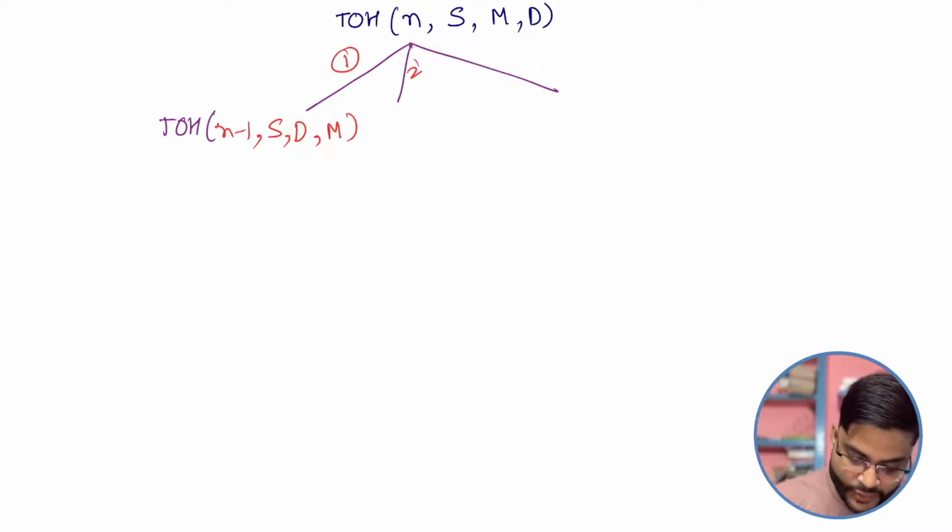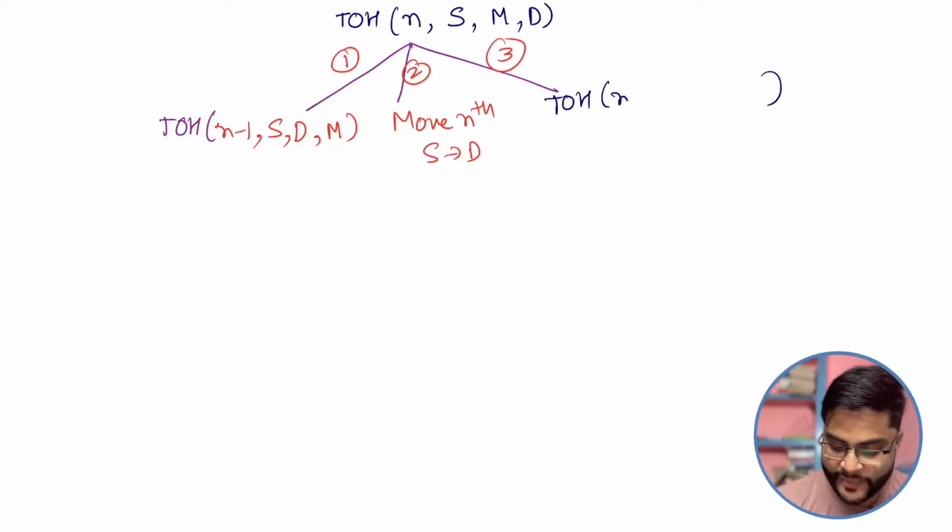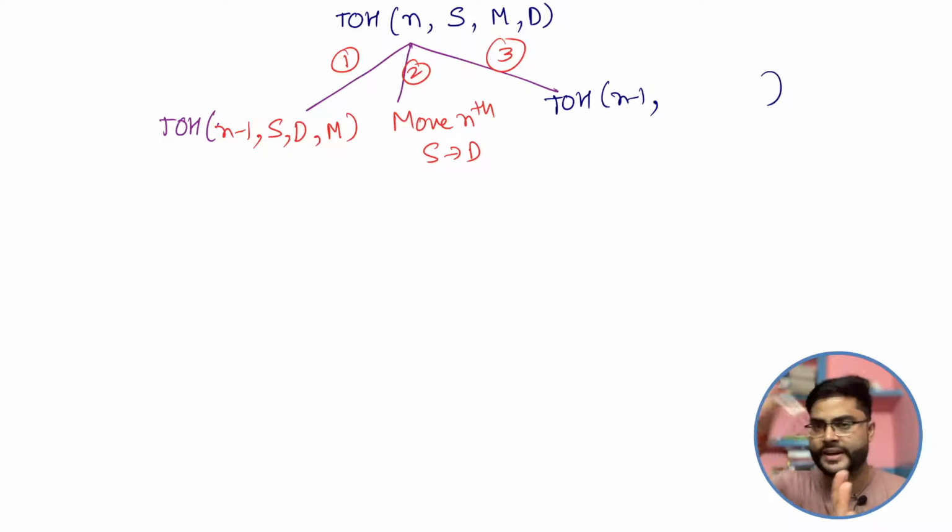In the second step, we are moving our nth disk from source to destination. Now, in the third step, we are again writing our recursive call for n minus 1 disks, and I want to move disks from middle to destination.